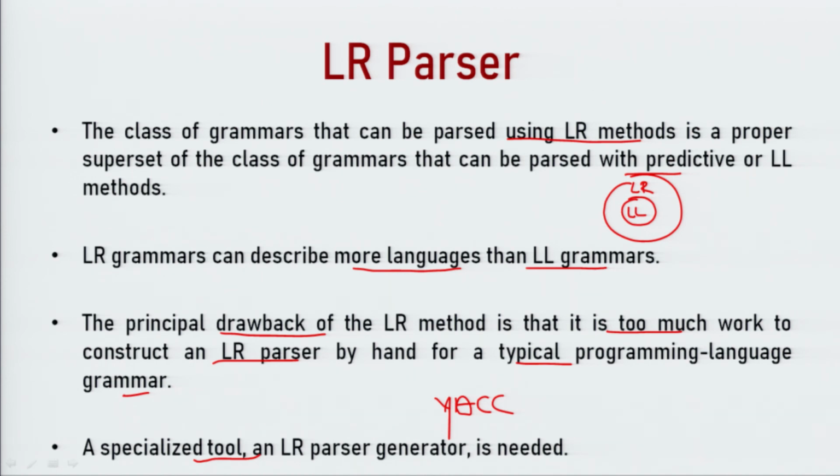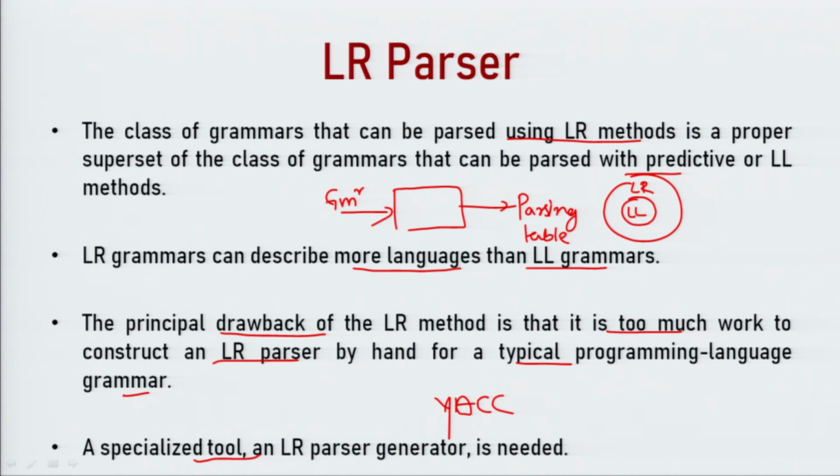If we are using an automatic tool, the input to this will be the grammar, and it will give the desired output if the input is grammatically correct. Here, the YACC tool, for the given grammar, will give the parsing table as output.